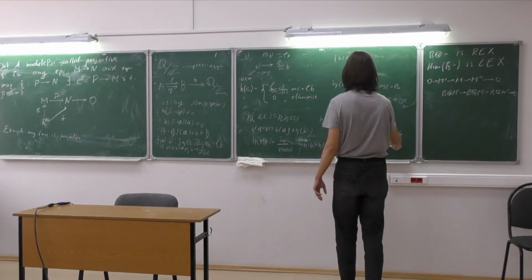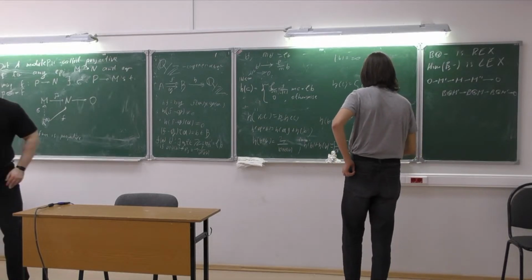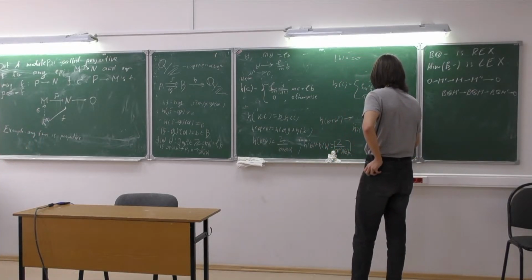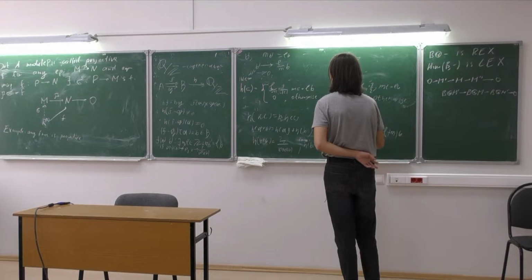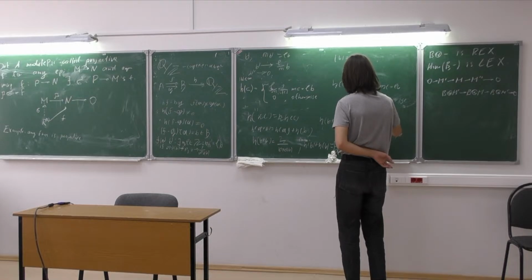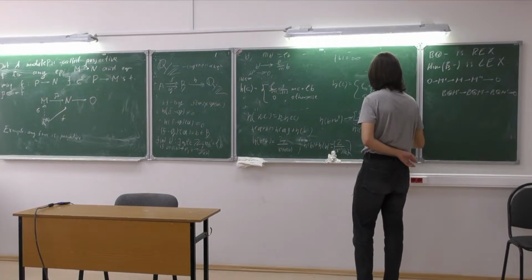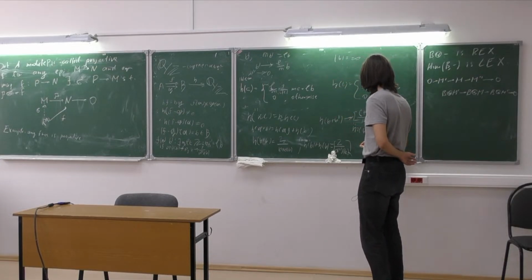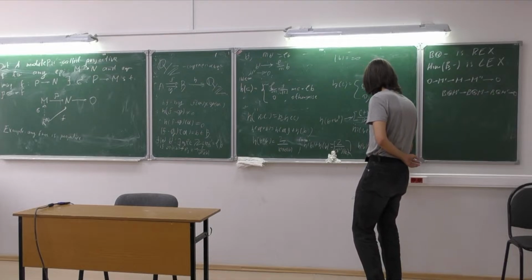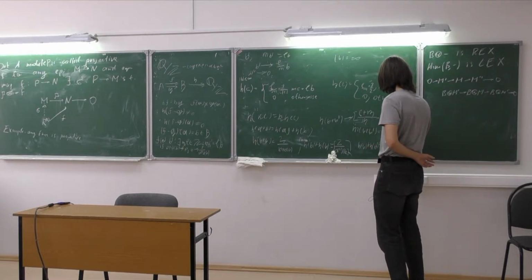So it sends to порядок B. And it is just 1 over c plus 1 over c.